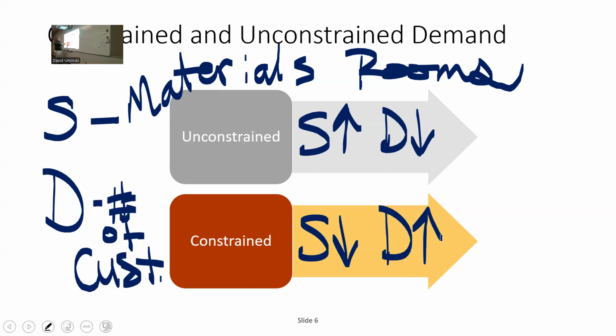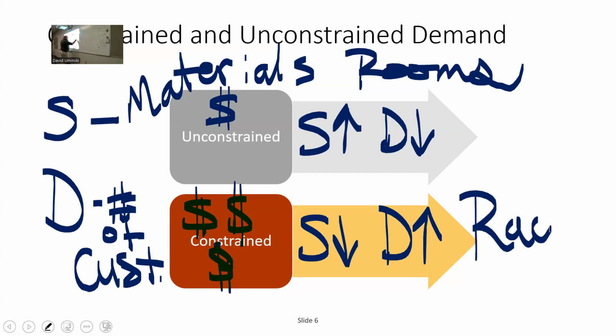Okay. So in which situation do you think our rate is higher? Our rate is higher in the constrained. Our rate is lower in the unconstrained. We may decide to lower our rate during an unconstrained time period because we want to get people in our hotels. But in that constrained time period, that's where we're potentially going to get our rack rate.